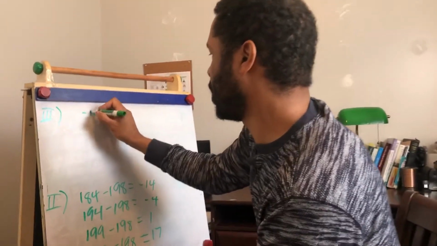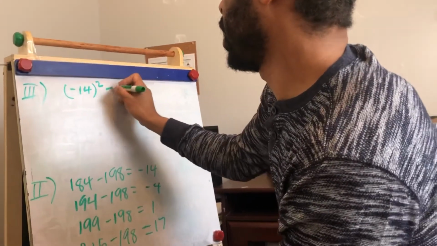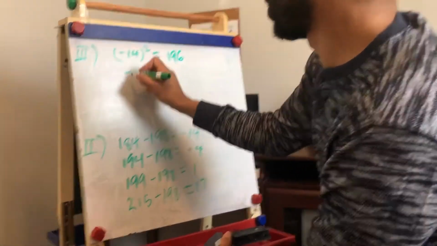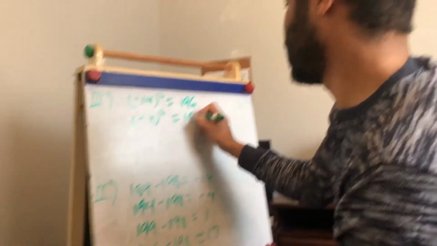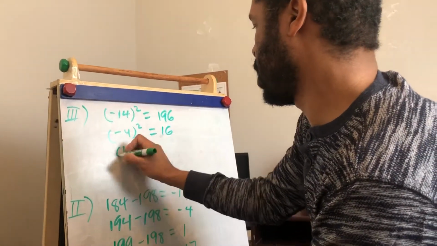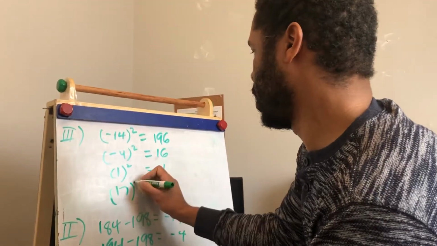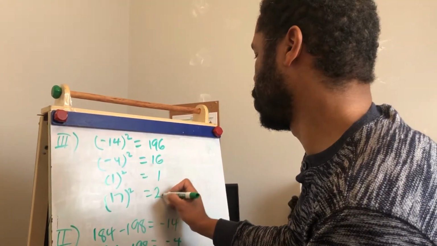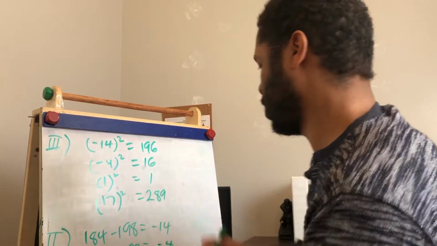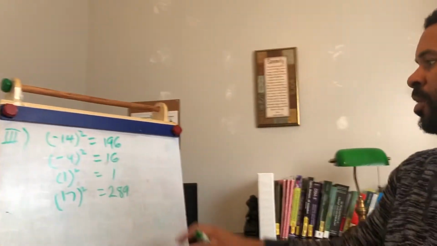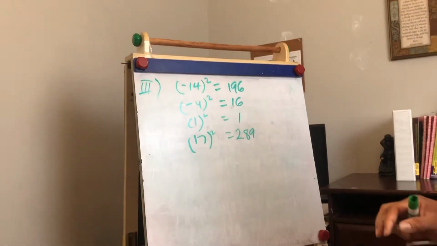Negative 14 squared is 196. Negative 4 squared is 16. 1 squared is 1. And 17 squared is 289. You can check me on the calculator. And so here I have the squares of these values.